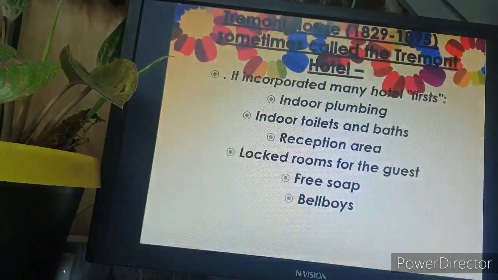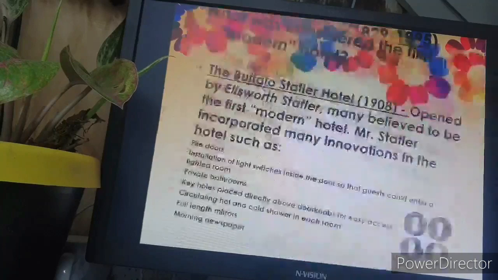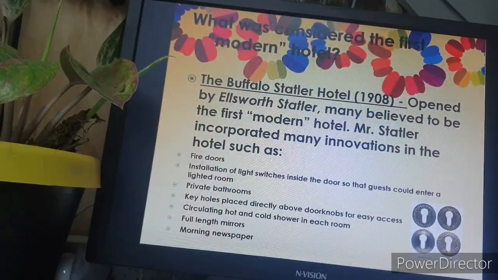Okay, so there were the Tremont House. They introduced the first indoor plumbing, indoor toilets and baths, reception area, locked rooms for the guests, free soap, and bell attendants or bell boys. Next in line, these are from Tremont Hotel.